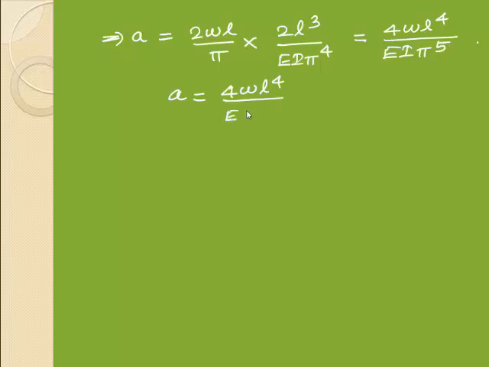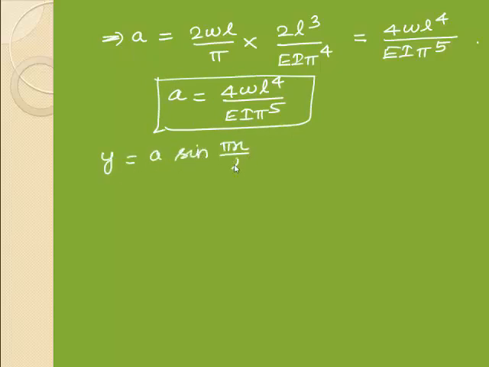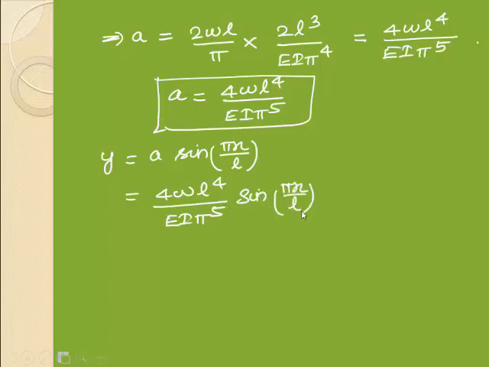So already we have assumed the trial function for the given problem as y is equal to a sin pi x by L. So in this expression we can substitute the found value of a. So the result will be 4 W L power 4 by EI pi power 5 into sin pi x by L. But it is asked to find out the deflection expression at the midspan. So at the midspan x is equal to L by 2.